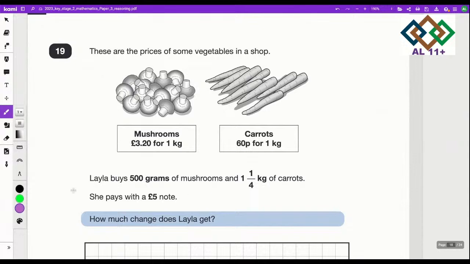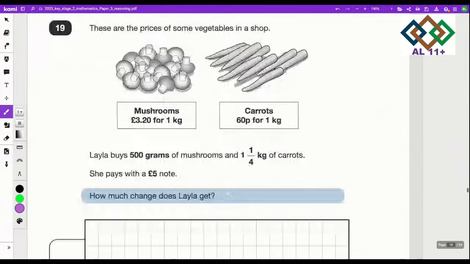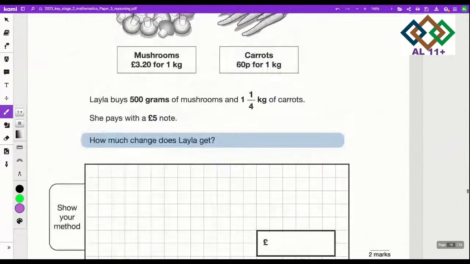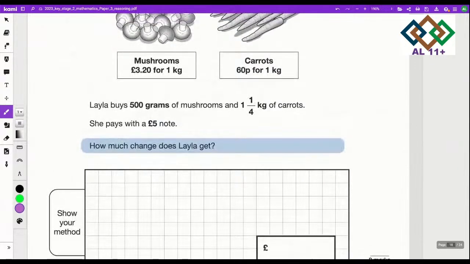Lalia buys 500 grams of mushrooms and 1.5 kg of carrots. She pays with a £5 note. How much change does she get?